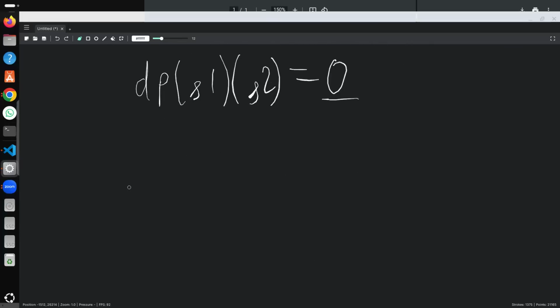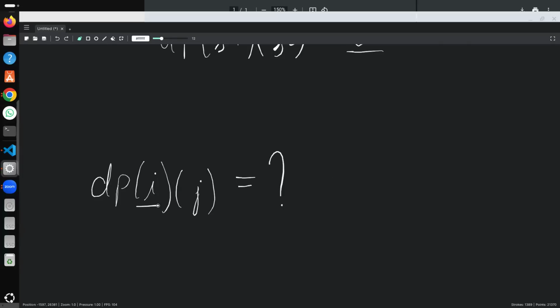But what if I want to calculate the DP for (i, j)? DP[i][j] is the minimum cost to reach (i, j), right?